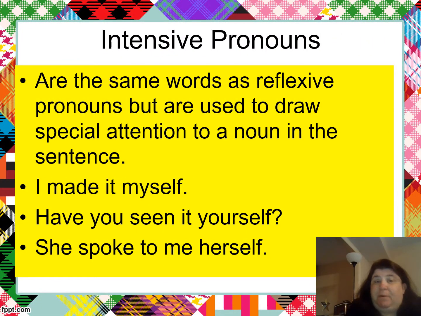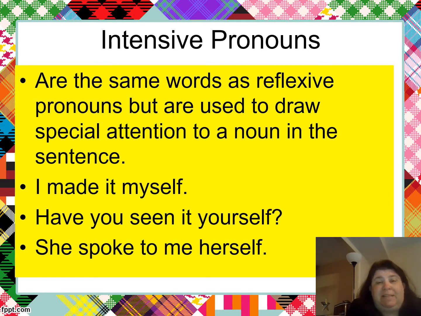We have intensive pronouns, which are the same as reflexive pronouns, but they're used to draw attention to a noun in the sentence. If something's intense, it's extra. And so these words just draw a little bit more attention to a pronoun in the subject. So, I made it myself. Our first pronoun is I, which is a personal pronoun.